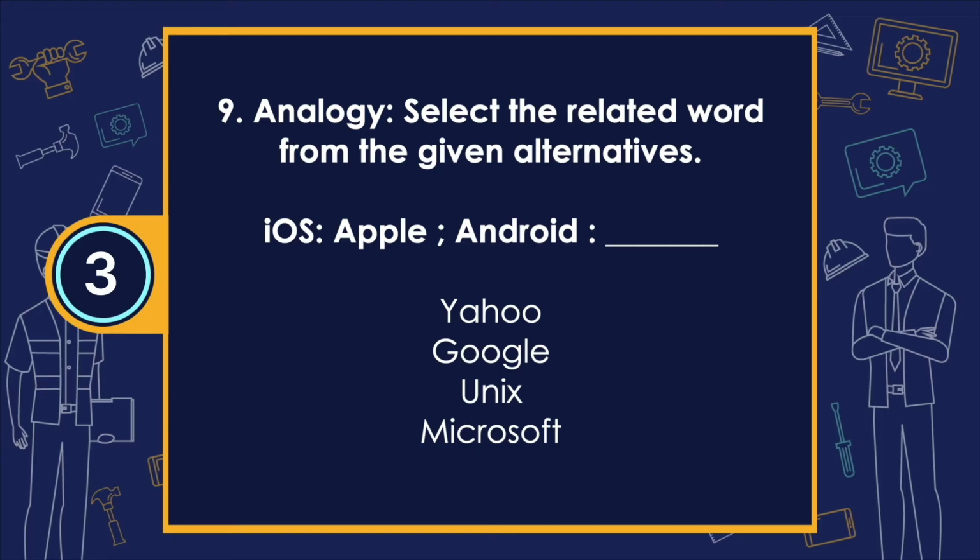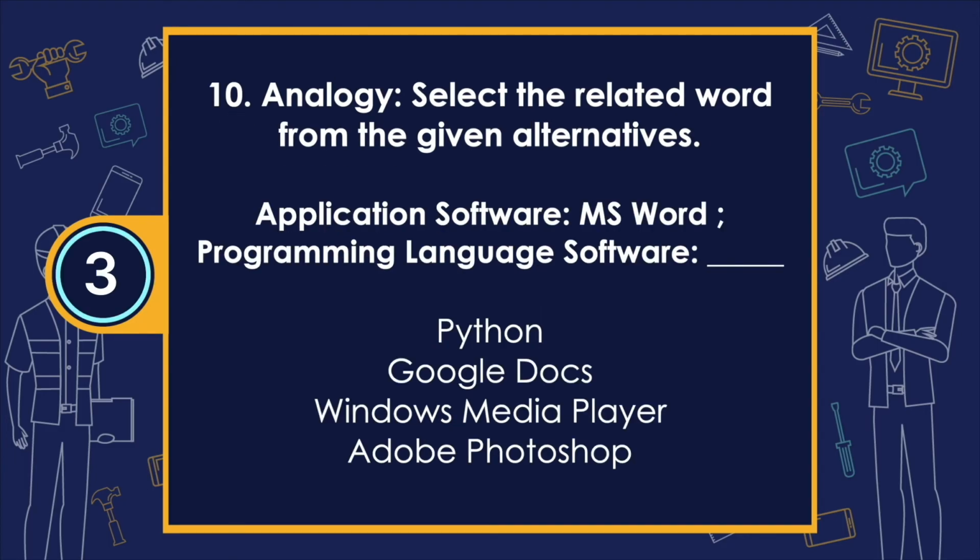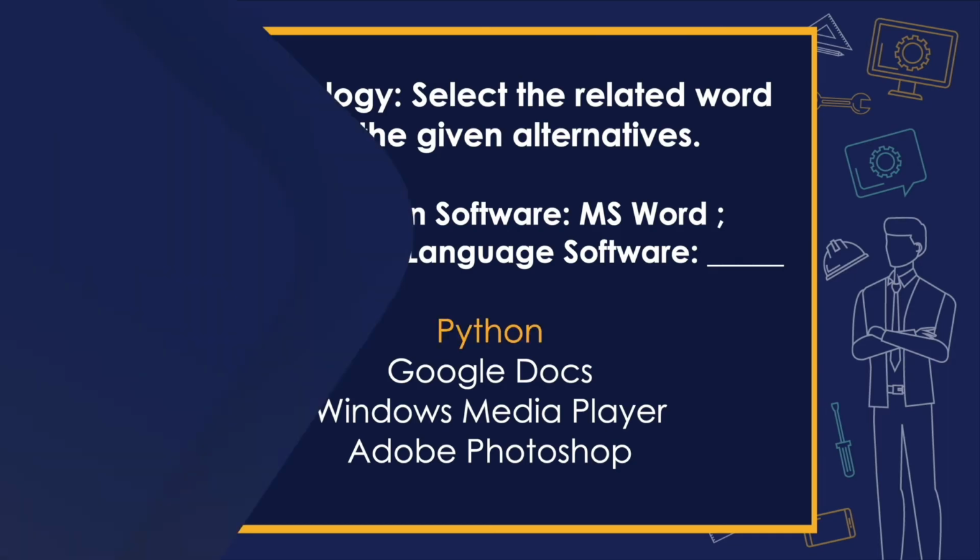If iOS is to Apple, then Android is to? The correct answer is Google. Number 10. If application software is to MS Word, then programming language software is to? The correct answer is Python.